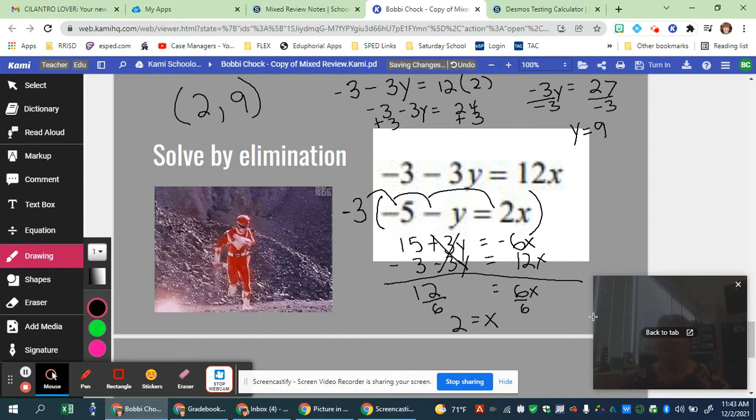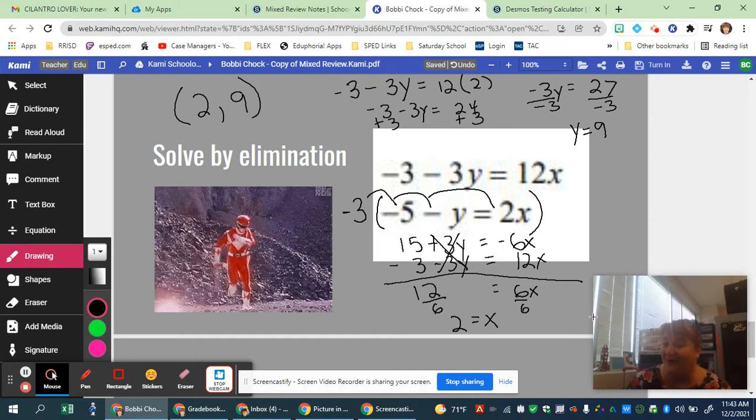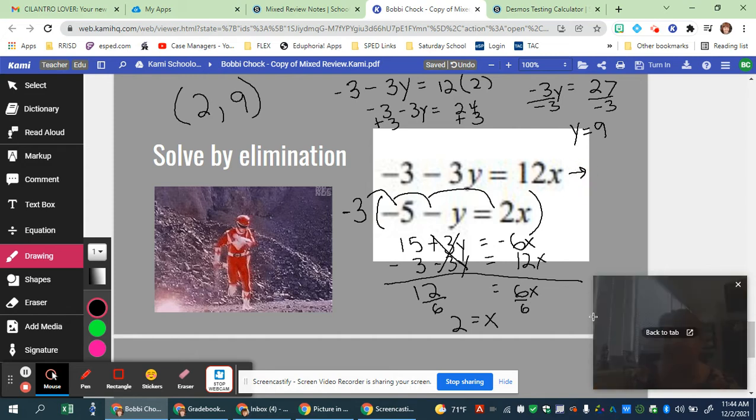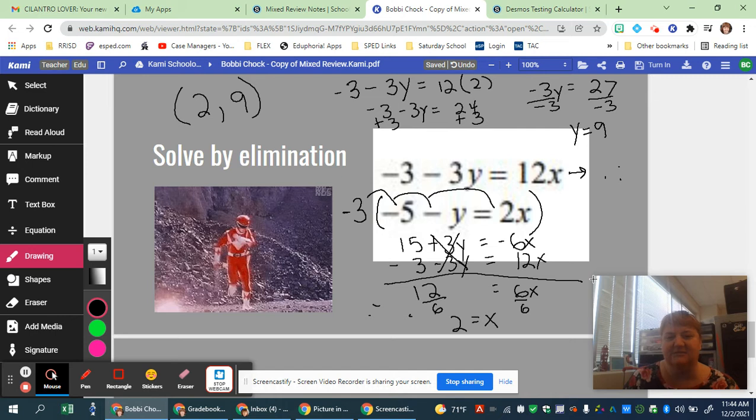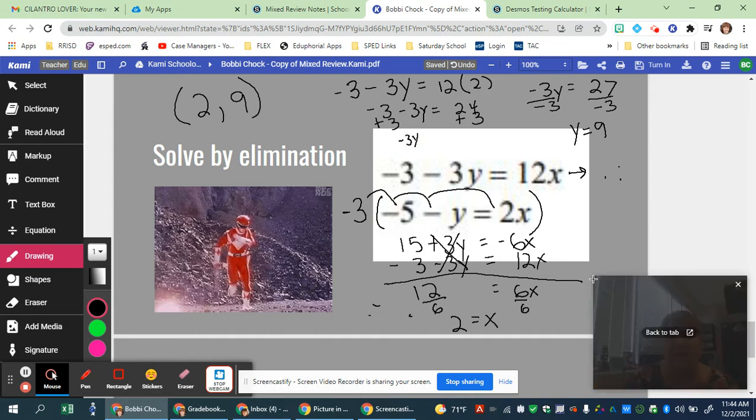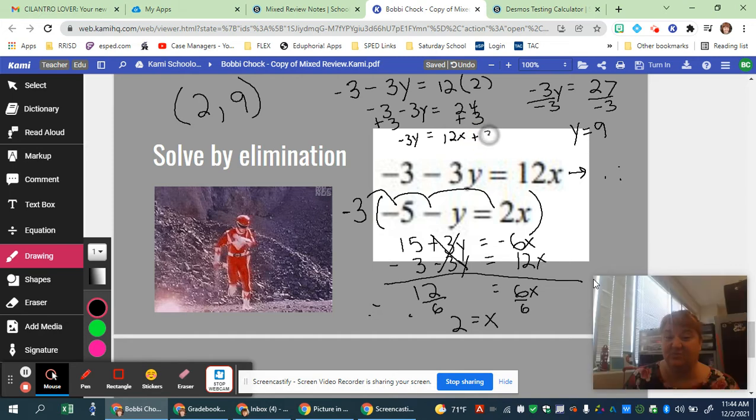Again, I'm the type who would solve for y, and you can do that. I want to take a second and show you that. Why is it saying back to tab? I don't know why it's doing that. Okay, if I were to solve this one for y, I would have negative 3y equals 12x plus 3.